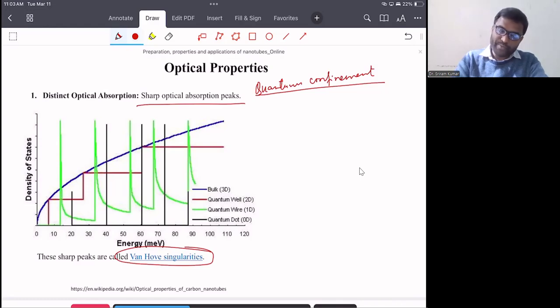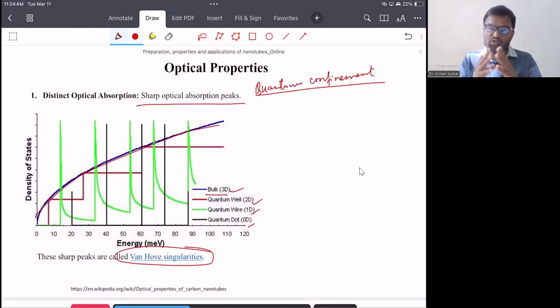Based on the different kinds of confinement, maybe you have 3D, 2D, 1D, or 0D confinement, we have different discrete energy levels. In the bulk material, this is a kind of continuous energy. There is no such discrete energy in the three-dimensional or bulk material.